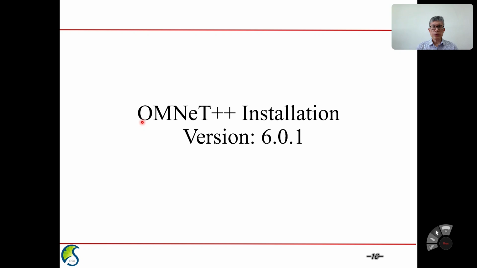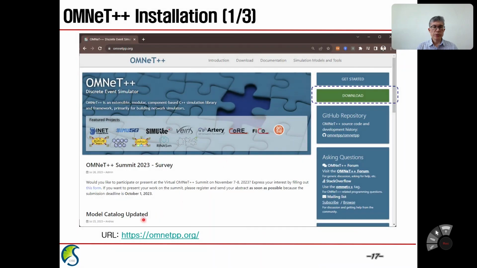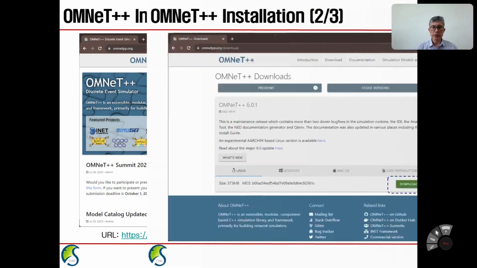In order to simulate with OMNet++, you need to install version 6.0.1. You visit omnetpp.org, go there, and on the right-hand side you can click download.